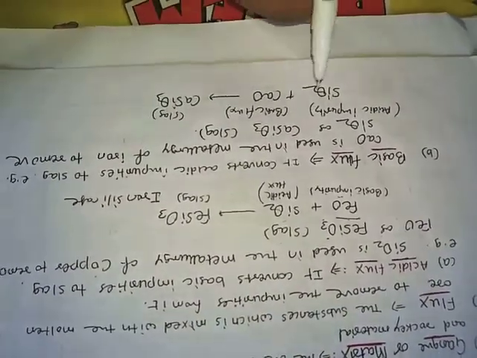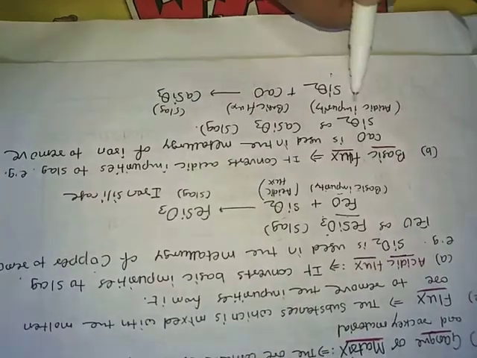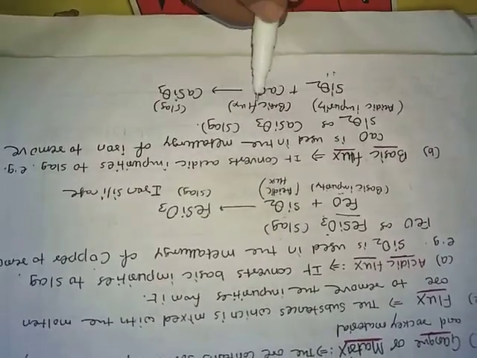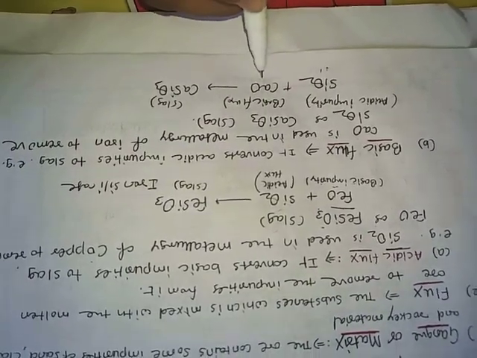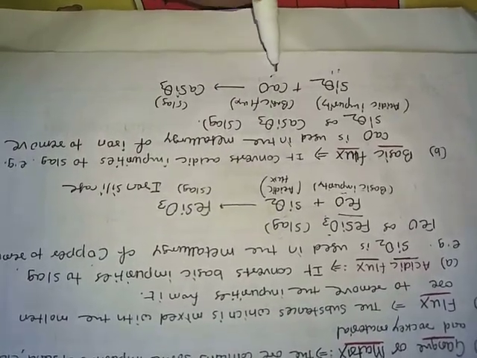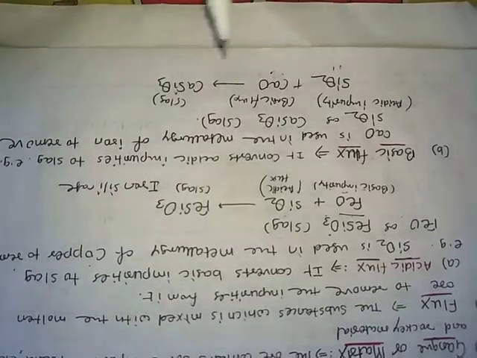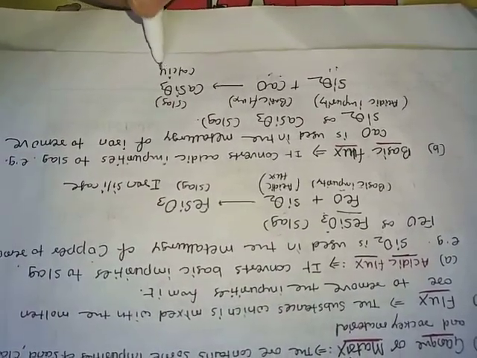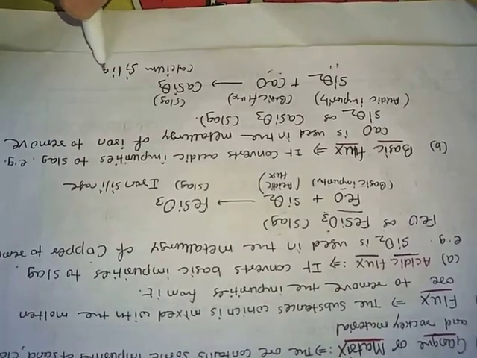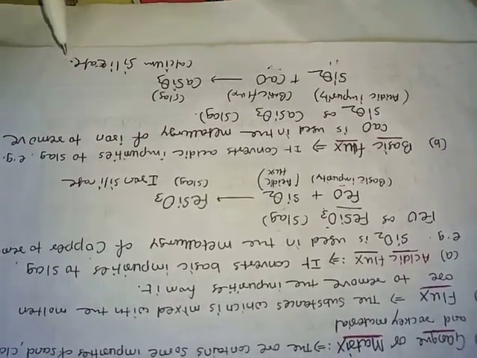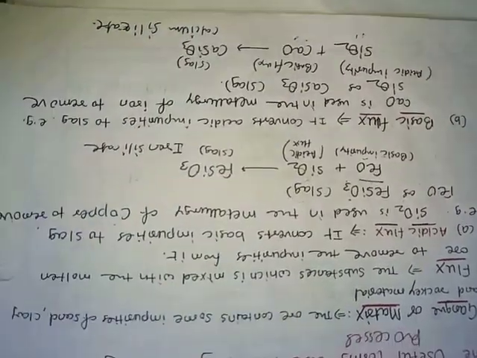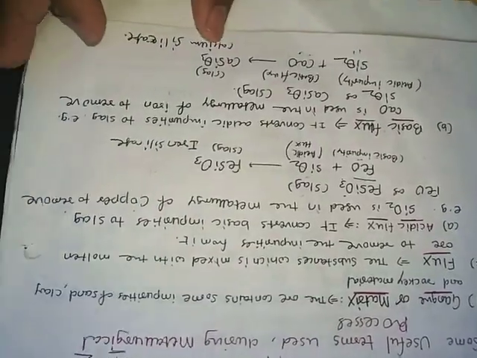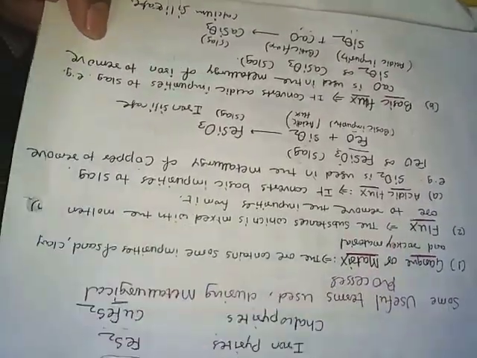In that reaction, SiO2 is the acidic impurity, and we remove it with the help of basic flux, CaO. You get calcium silicate as a slag. Like that we can remove acidic and basic impurities with the help of flux.